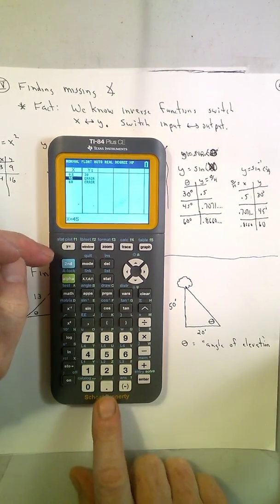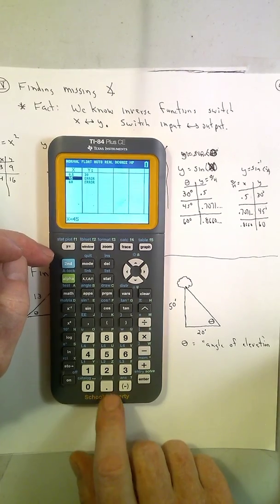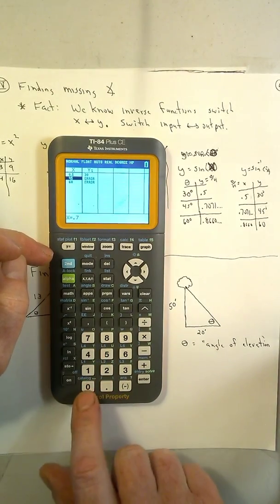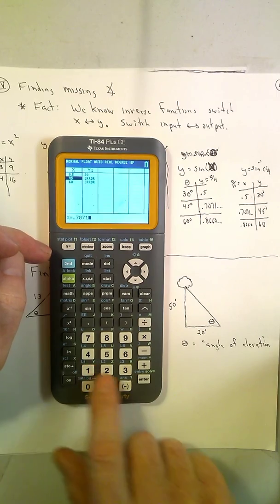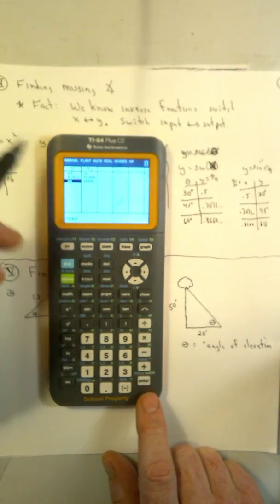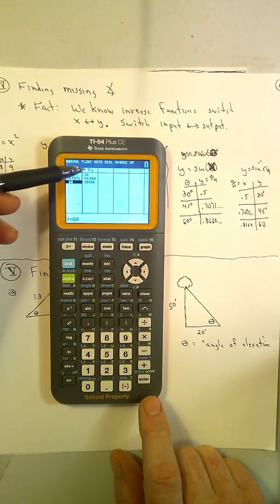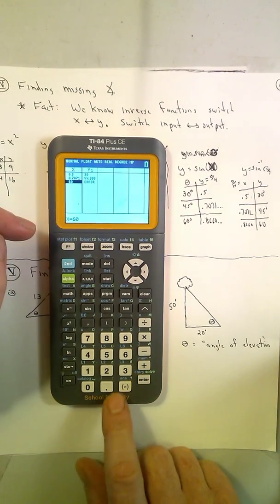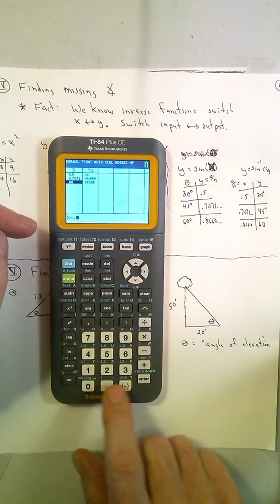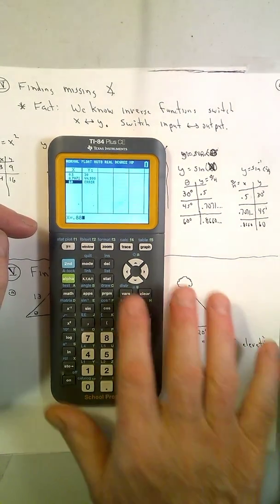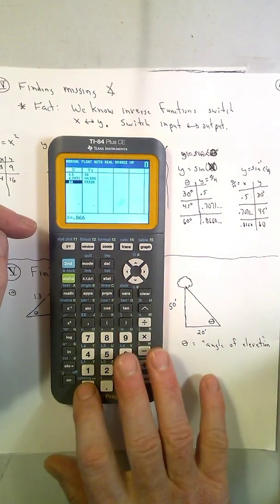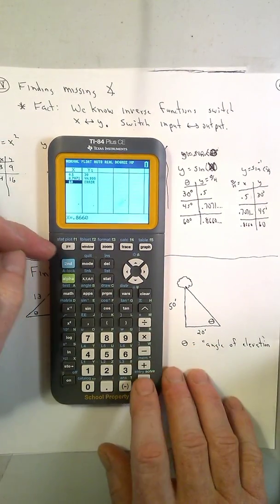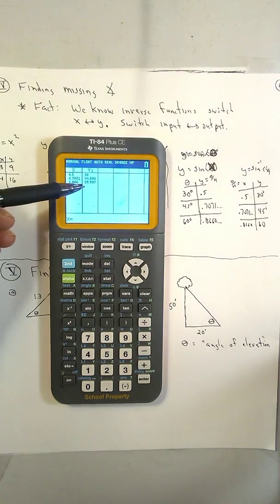So if I do, now this is going to be an approximation, 0.7071 gives 44.99 due to rounding. And then if I did 0.8660, I get really close to 60.